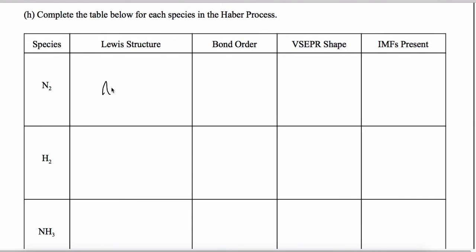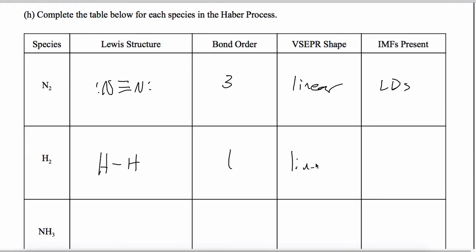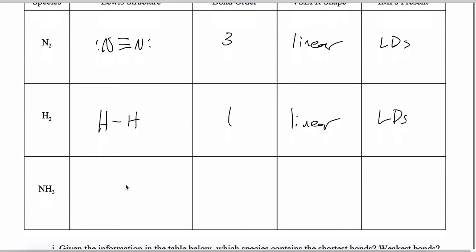We've already done that, so the bond order is 3, the molecular geometry is linear, and for the IMFs present, there's just London dispersion forces in there because it's a nonpolar molecule. Hydrogen, like this, the bond order is 1. We know that's a linear molecule, and again, just London dispersion IMFs there. Nitrogen, ammonia looks like this.